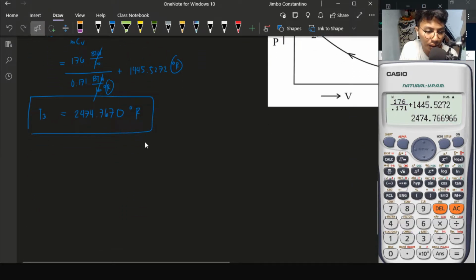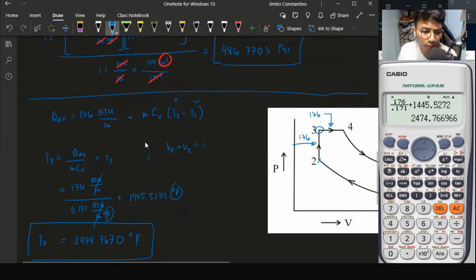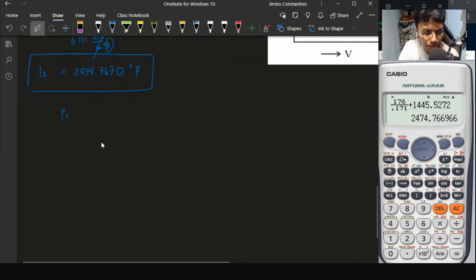So, ideal gas law. Let's find the 1.1 cubic foot per pound. Ideal gas law, P3 is MRT3 over V3. T3 is 53.34 foot pound per pound degree Rankine multiplied by 2474.7670 degrees Rankine.